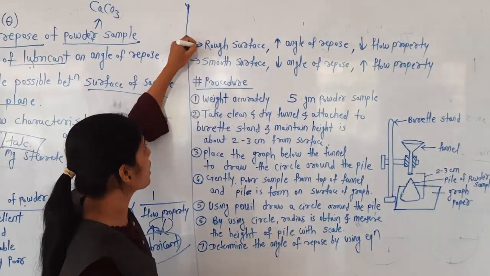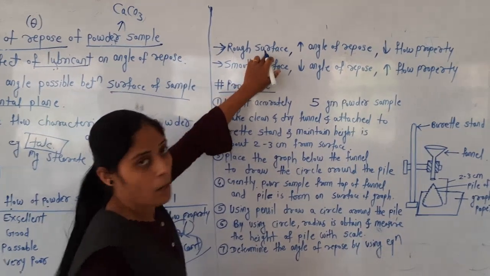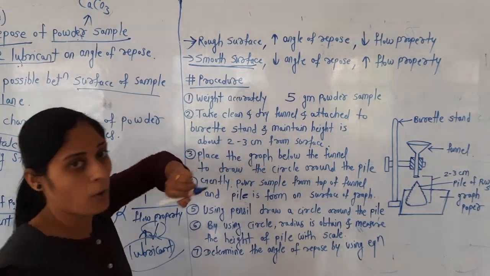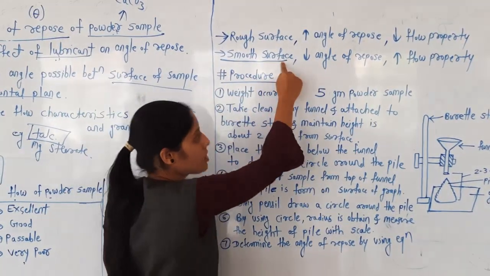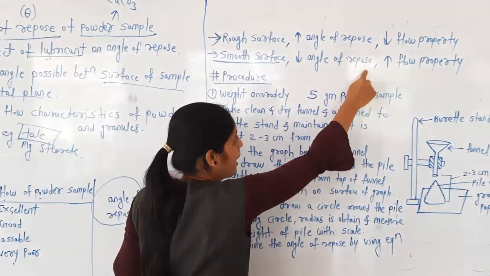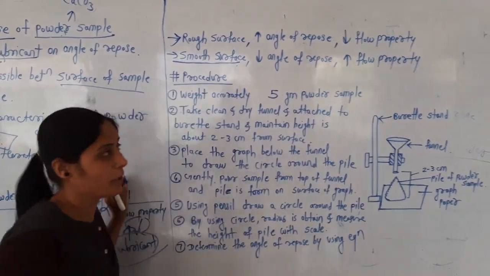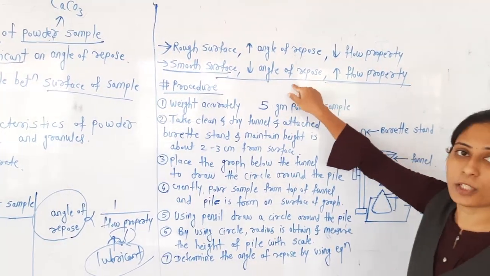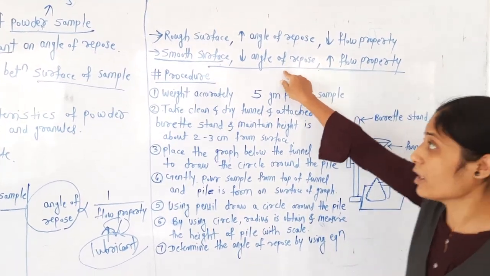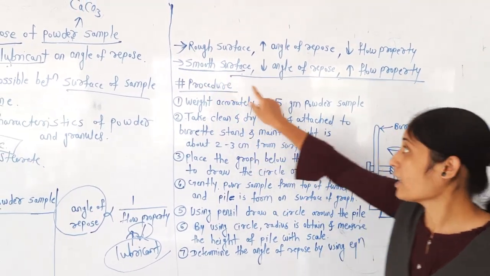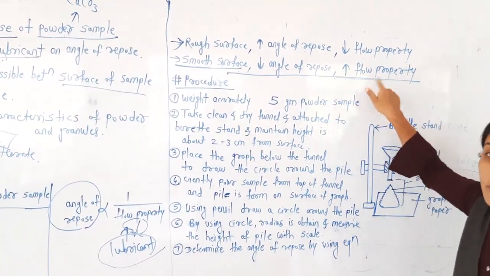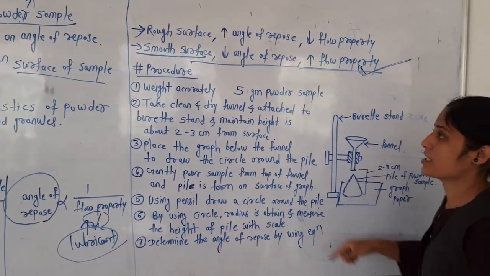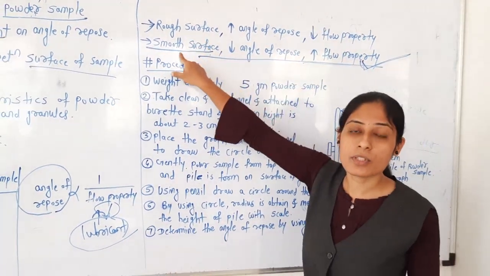So the rough surface powder sample is not suitable. We require smooth surface particles in the powder sample, because when we use smooth surface particles, the angle of repose value decreases and the flow property increases, and this is suitable for formulations. For any formulation purpose we require this criterion. So we mostly prefer smooth surface particles.